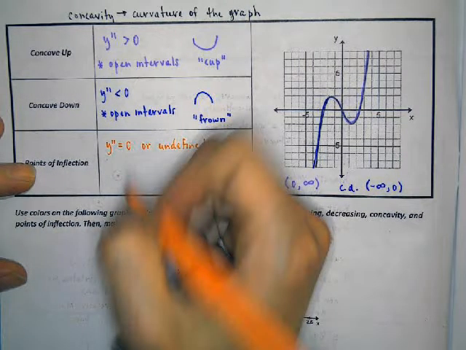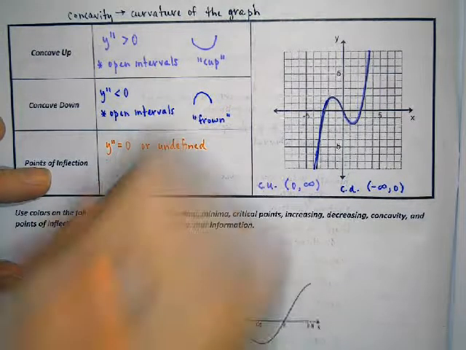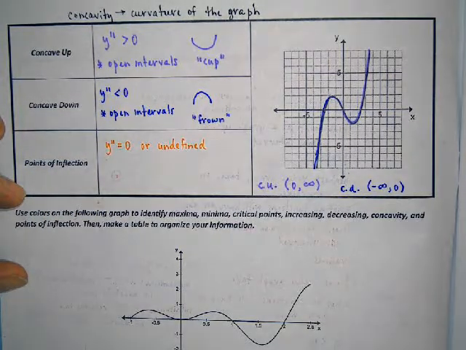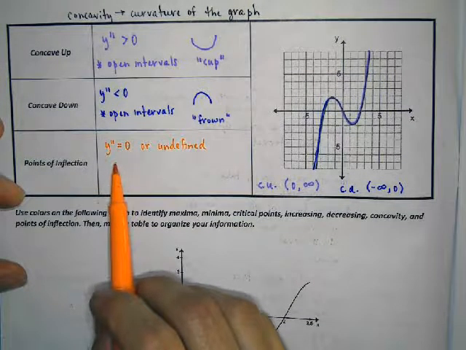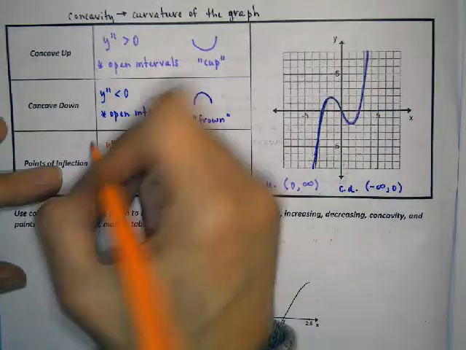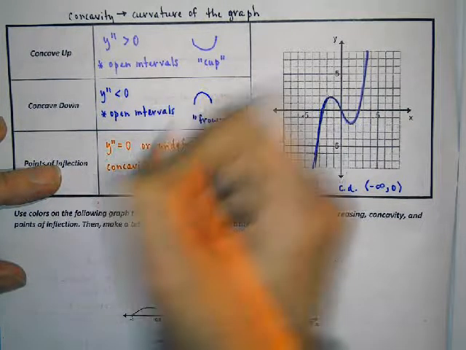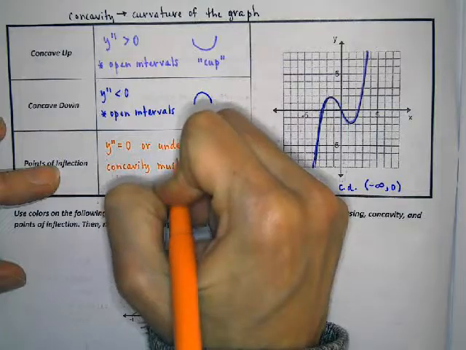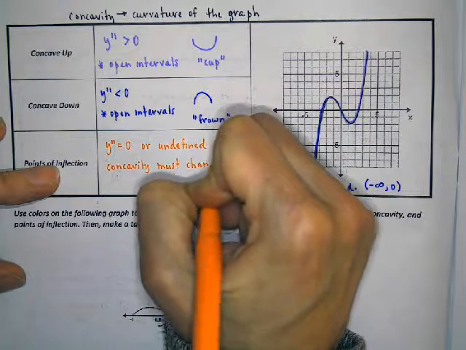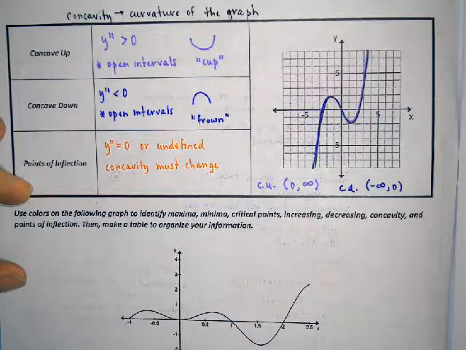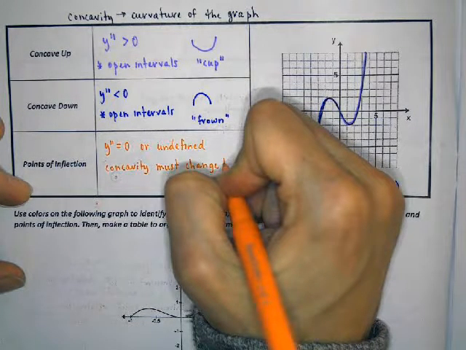In addition to that, it's points where the concavity actually changes from positive to negative or negative to positive. So in addition to the second derivative being 0 or undefined, concavity must change in order for that point to be a point of inflection.